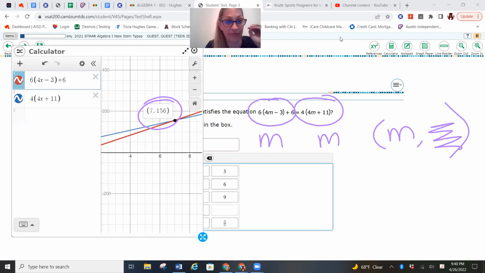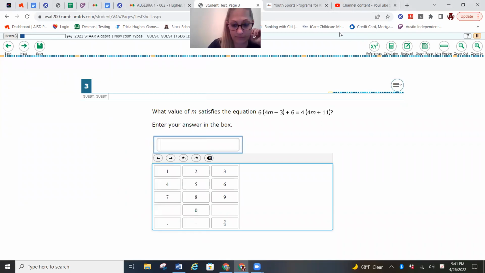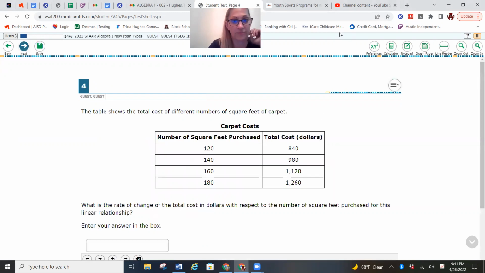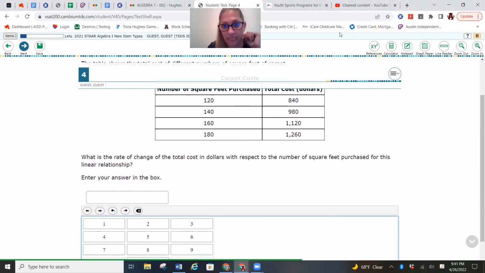We don't care about the other number for y because there isn't a y in this problem. So the answer would be 7. Save, moving on.